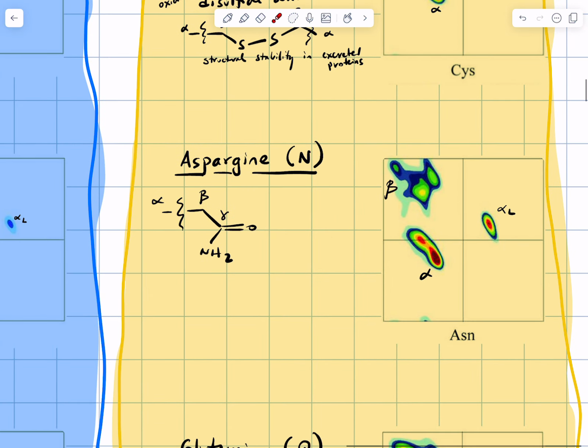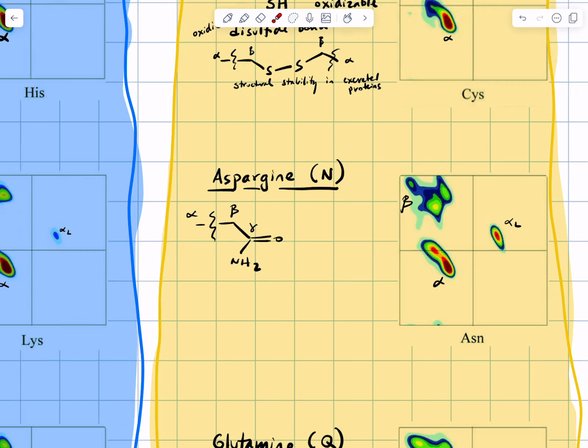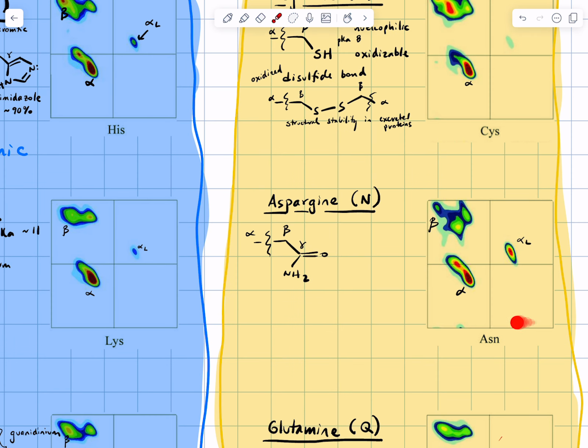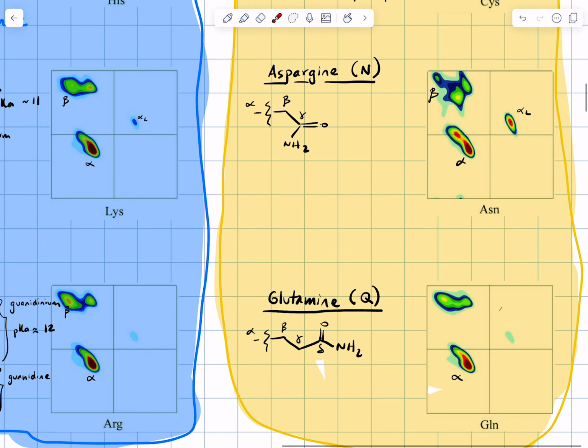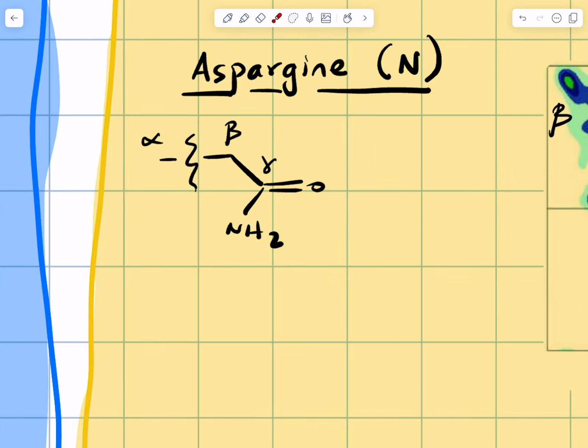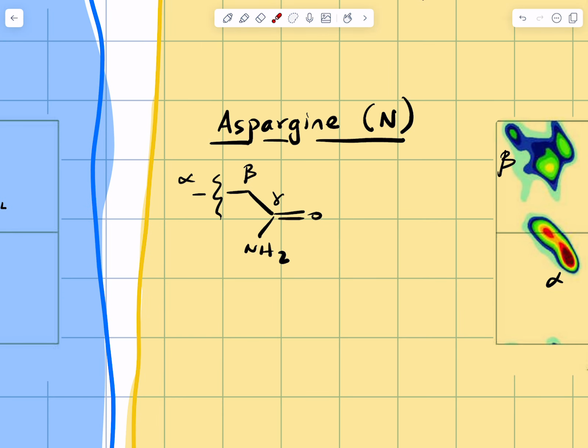And that's again thought to be because you've got these hydrogen bond donor and acceptor groups that are pretty close to the peptide backbone, and so they can stabilize conformations that most other amino acids can't. Glutamine is like asparagine, only it has one extra CH2 unit. The one-letter codes here, again, don't make any sense, N and Q, so you're just going to have to remember them. I suppose asparagine has an N in it, so there you go.